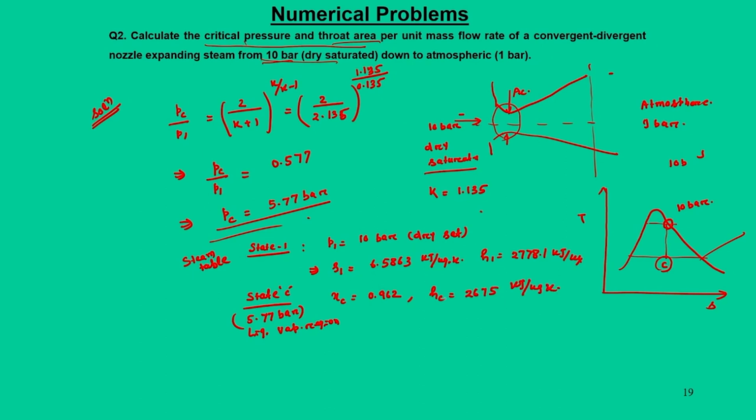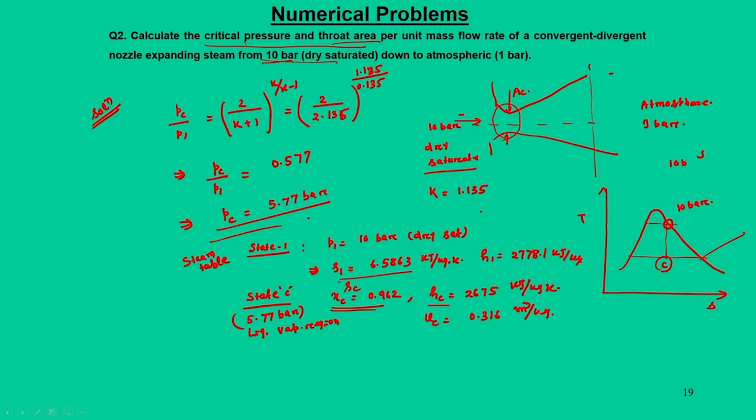I am omitting some of the steps to calculate this because it is a constant entropy process. Maintaining entropy the same, we can find out Xc, and we can find out the enthalpy at C, and of course, the specific volume 0.316 meter cube per kg.